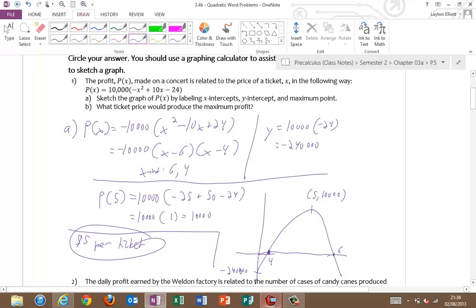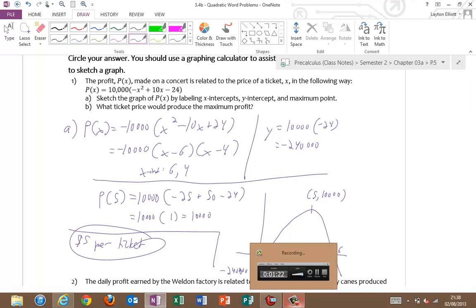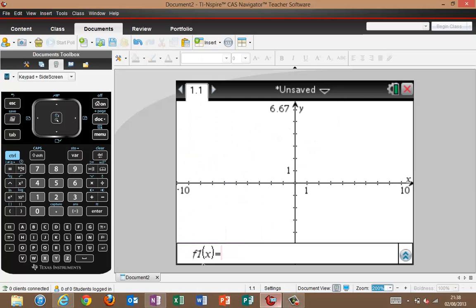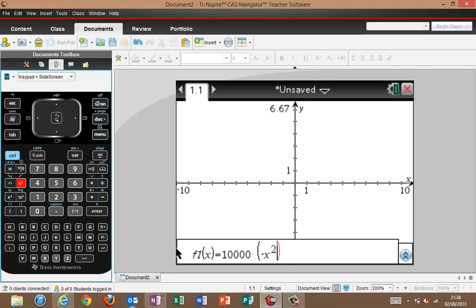Okay, let's graph it and check. I'm going to use the Inspire because it's a cooler calculator, but you guys can use your own calculators. I'll enter 10,000 times negative x squared plus 10x minus 24.